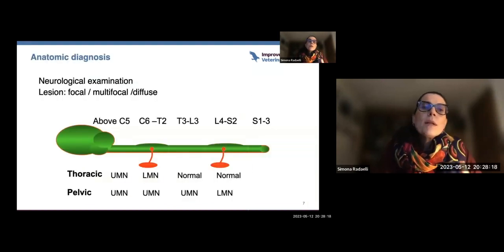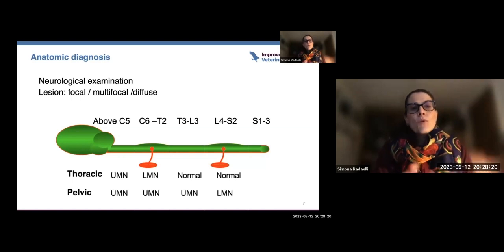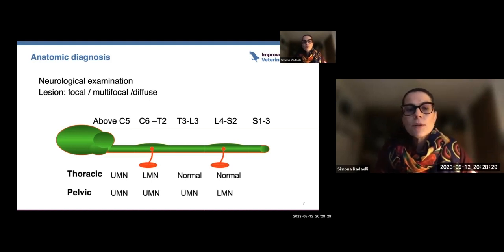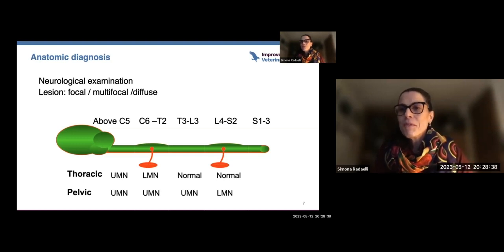So when we do an anatomic diagnosis, we start localizing within the nervous system. After we do the neuro exam, we try to divide grossly the nervous system into parts. We have the forebrain, the brainstem, and the cerebellum. And then we have the spinal cord, as you have seen in the previous video that Mariana has shown you.